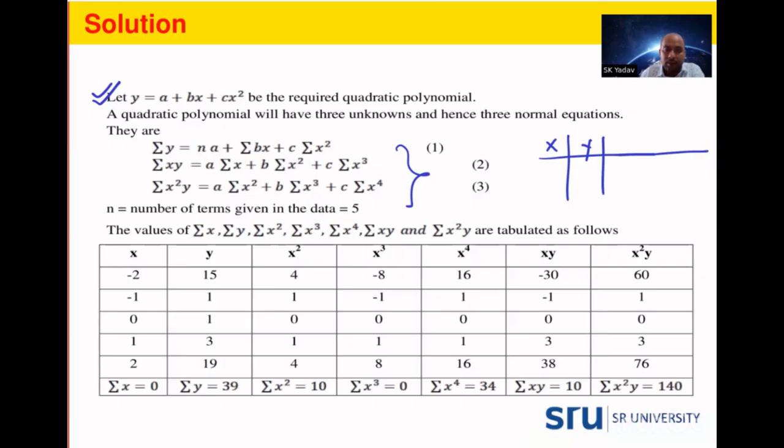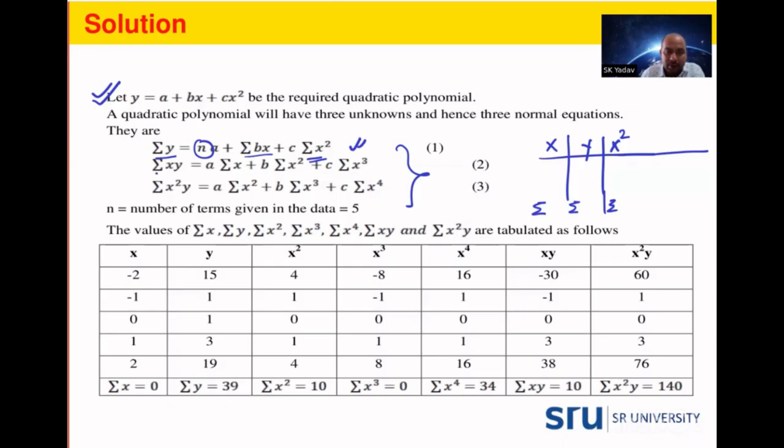The first term, summation y, I can obtain by summation here. Then n is the number of data points and b times summation x, which I can obtain from here. Now c times summation x square, that means I need to compute a column of x square and then take the summation. And so this first equation is completed.